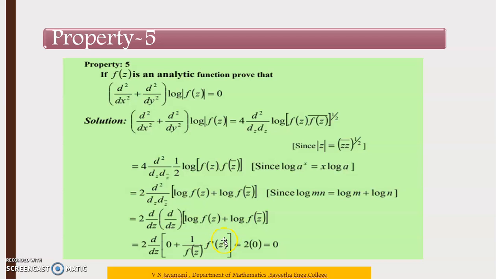Here the z̄ was missing earlier. Next, differentiate with respect to z. Because there is no z term, only a z̄ term, this becomes 0. So we get the result (d²/dx² + d²/dy²) log|f(z)| = 0. That's all. We will see the next session.